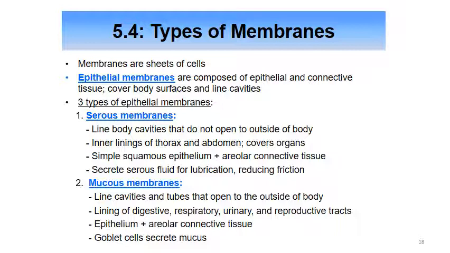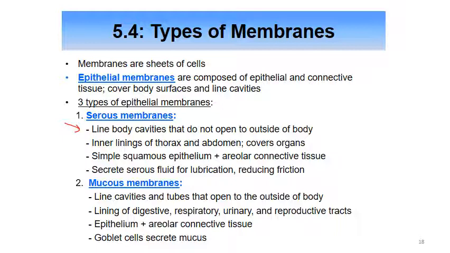For the different types of membranes, membranes are made up of epithelial tissue, connective tissue. The different types, serous membranes. These, if you remember, make up that visceral pericardium or the visceral pleura, parietal pleura, all those.